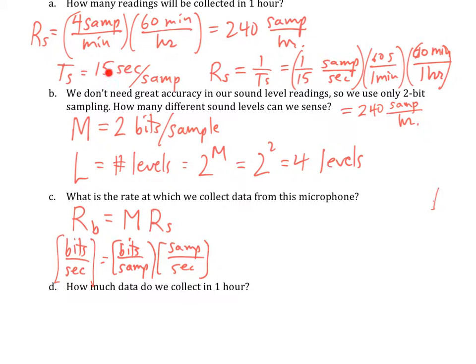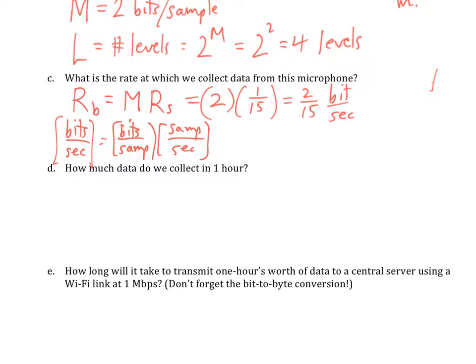I have 15 seconds per sample, therefore I have 1/15 of a sample per second. I'm going to go ahead and use that value. I'm going to say that the bit rate is 2 times 1/15, which is 2/15 of a bit per second.